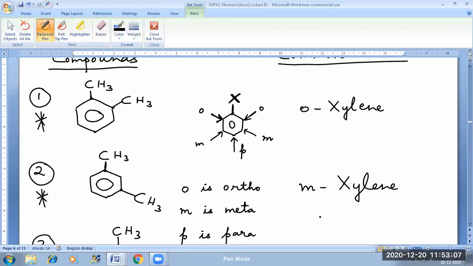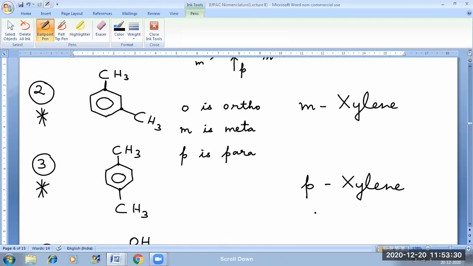Why metaxylene? Because here one CH3 is attached, here another CH3 is attached, but here nothing is attached. So at the ortho position there is no group attached. The meta position is occupied by CH3. That is why this is called metaxylene. Likewise, this will be called paraxylene because the two CH3 groups in this are diametrically opposite to each other.